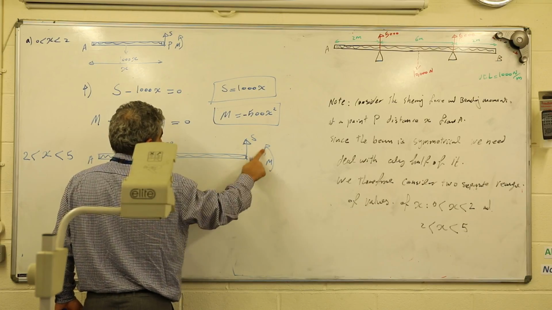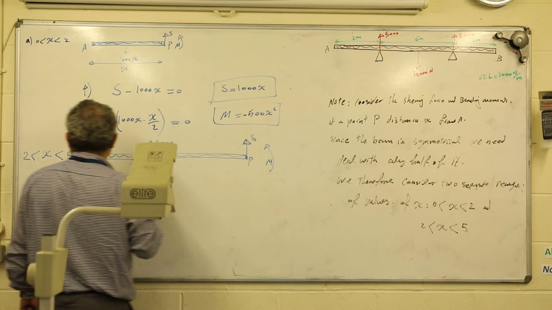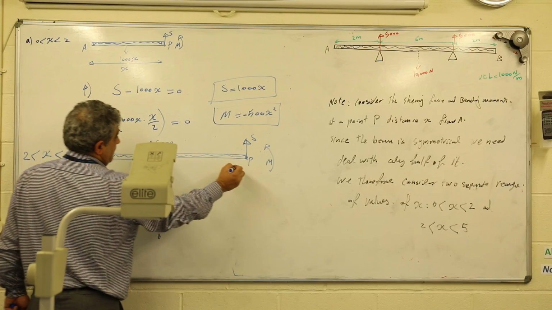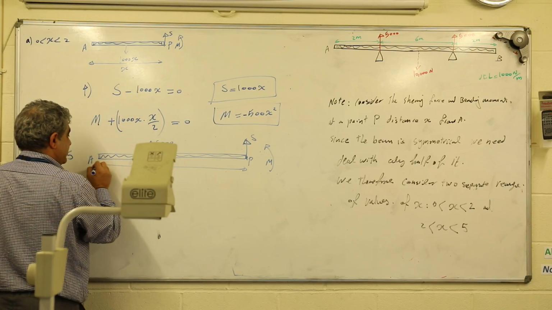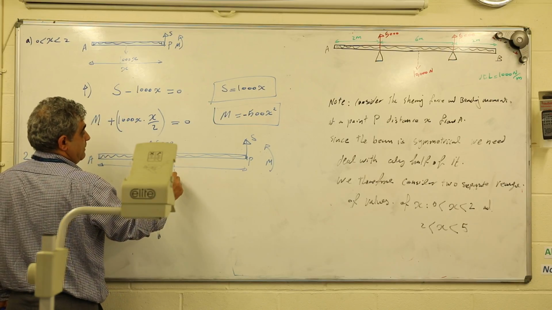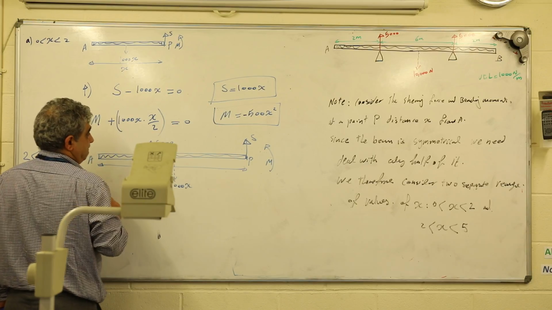That's point P, the point of cut. Then the shear force: the distance of the cut, I call it x. There would be one distributed load going down, which is 1,000x again.